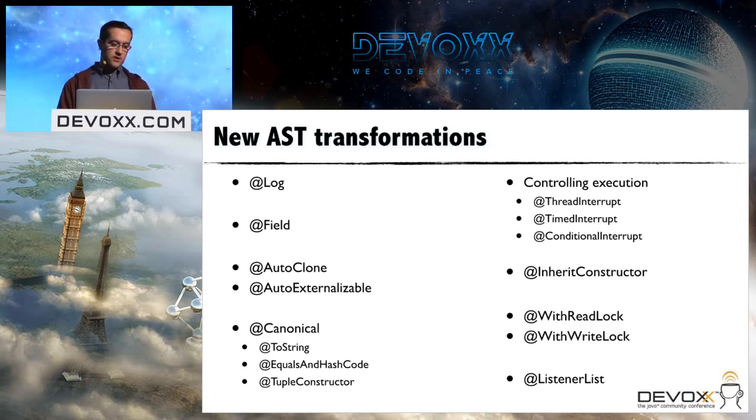And the thing with AST transformation is that you have a chance to interact with the Groovy compiler. So you hook into the compilation process so that you can change things, like add a new method node inside the AST, so that afterwards you can create a method in the real bytecode. In Groovy 1.8 we added lots of transformations, and I'll just cover a few of them.